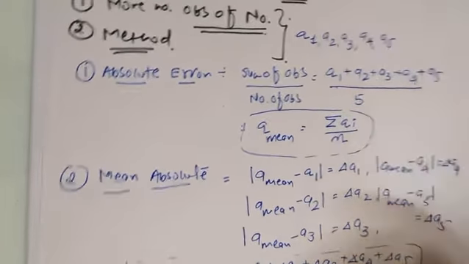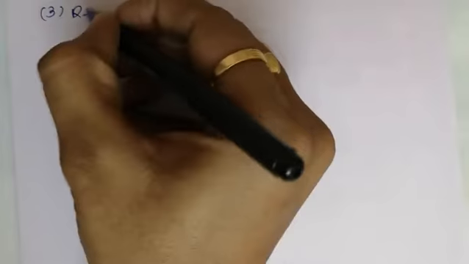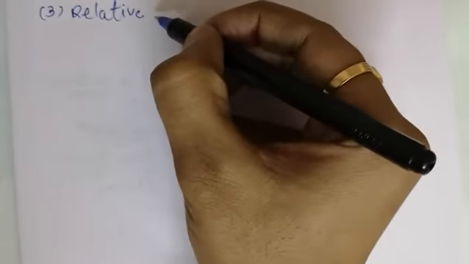Now my third portion after the mean absolute error is the ratio of the mean absolute error and the absolute value. The third one is called relative error.